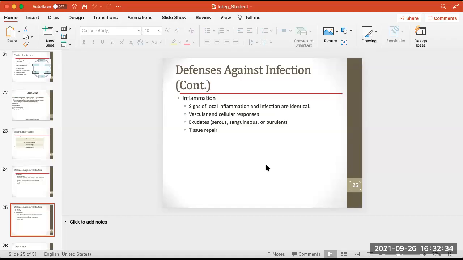And anyway, in general, their signs and symptoms will be so nonspecific. For example, you might expect fever with pneumonia or UTI, and they may not show any fever. You might expect pain, but they will not have any pain. You might expect, with UTI, burning or pain on micturition.